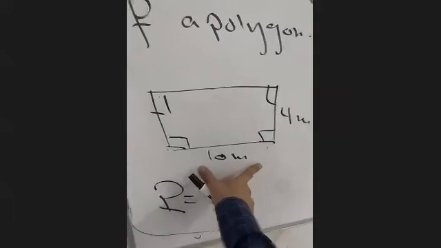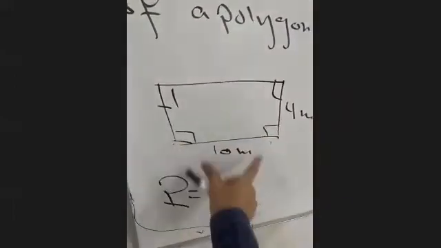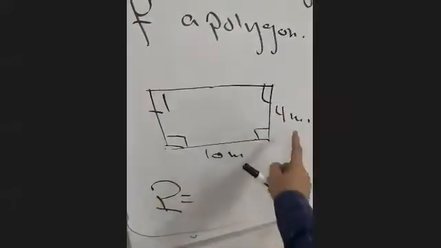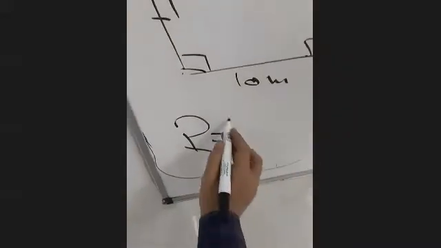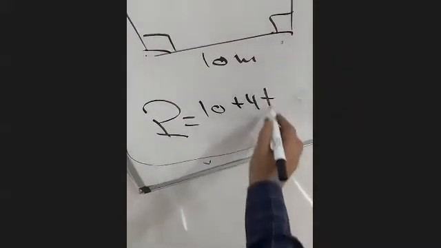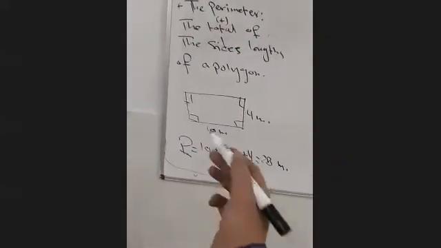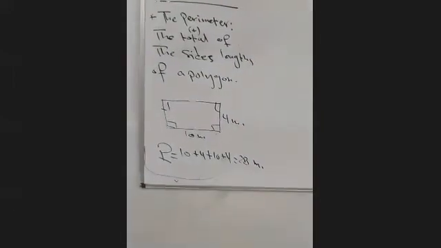This one is 10, this one is 4. This one is equal to this one, because it is a rectangle. If this is 10, then this is 10. If this is 4, then this is 4. To add them, I will say 10 plus 4 plus 10 plus 4 equals 28 meters. So to find the perimeter, add the side lengths of the polygon.